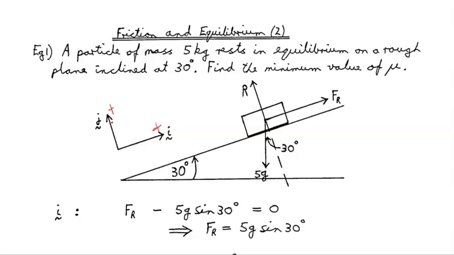Okay. So here's the mass. We imagine all of its mass is located at its geometric center and all the forces act through that geometric center. So we have a mass sitting on a plane here, inclined at 30 degrees. The weight force is acting downwards towards the center of the body, whatever body within the universe this is on, the Earth or some other planet or some other star or galaxy.